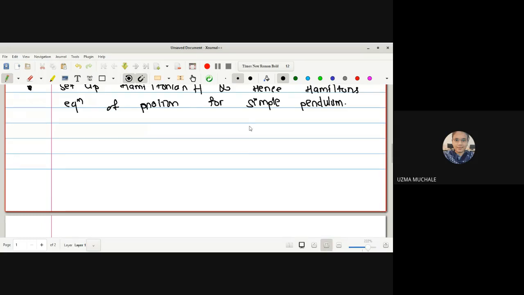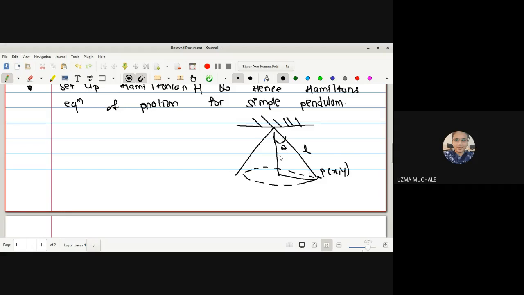First we have to construct the simple pendulum. Let us assume that this is a rigid support and a thread of length L we are going to take, and as it revolves, this is the position of a particle at any point x, y, and this is the angle theta made by the thread of length L with the vertical, and this is the x coordinate, this is the y coordinate.